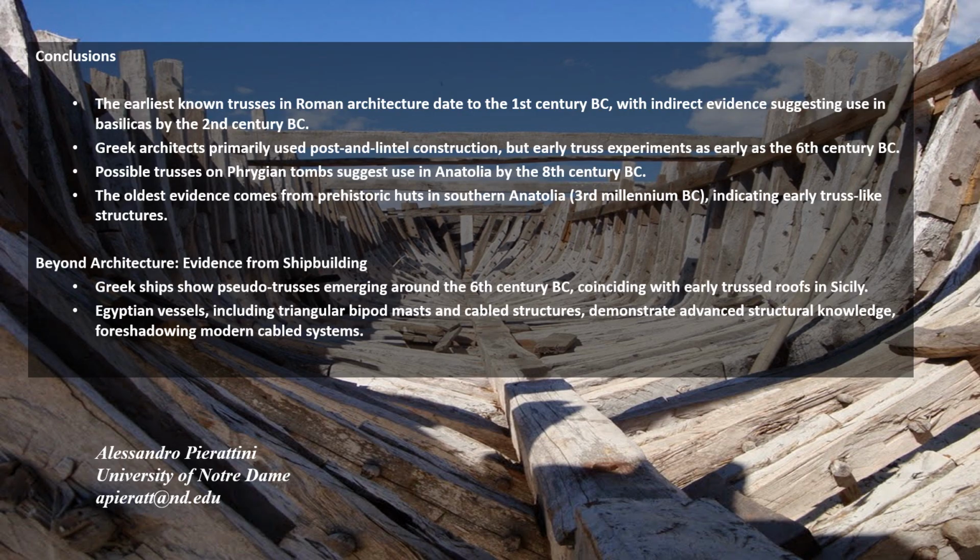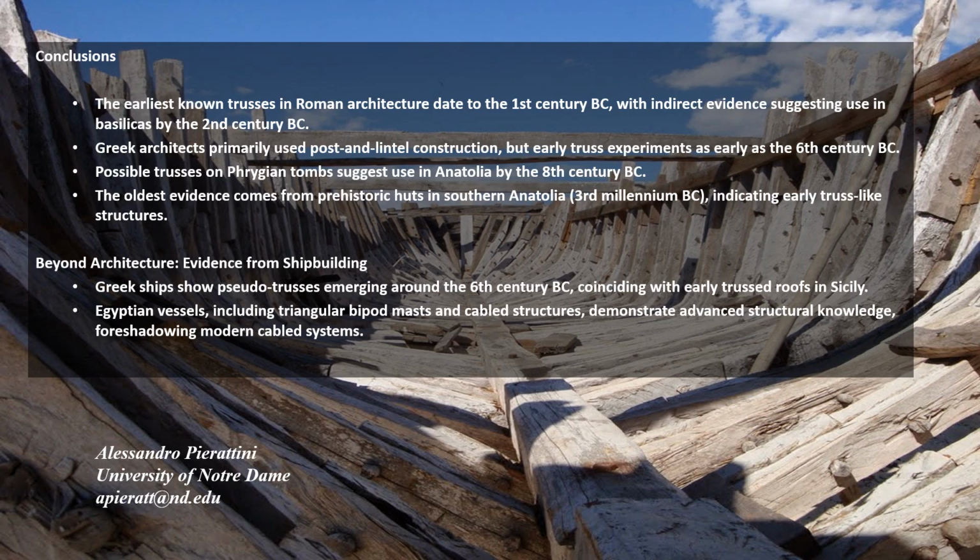In conclusion, we first searched for the earliest evidence of trusses in ancient architecture and engineering, and we found that the earliest known trusses in Roman architecture date from the 1st century BC, but indirect evidence suggests that they were used in basilicas as early as the 2nd century BC. Next, Greek architects generally preferred the post and lintel system, but occasionally experimented with trusses, as seen at Selinunte.